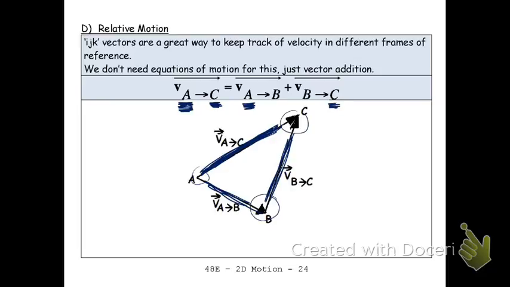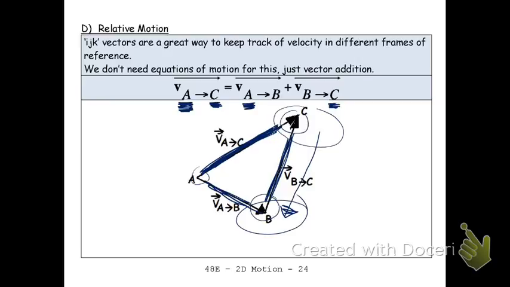We have B. So we go A, B, and then BC. It can't be any other combination. If I said AB and then CB, it would be that. And now, these are not adding, but those are.